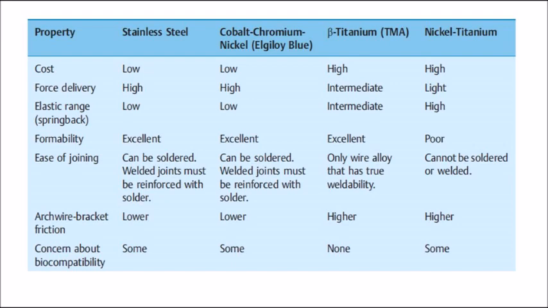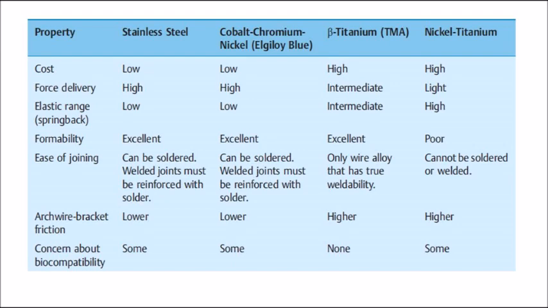Now talking about elastic range or spring back. We have seen that springiness is inversely proportional to the modulus of elasticity. So the elastic range is highest for nickel titanium alloys. Nickel titanium arch wires have the highest elastic range or spring back, whereas stainless steel and cobalt chromium have the lowest.